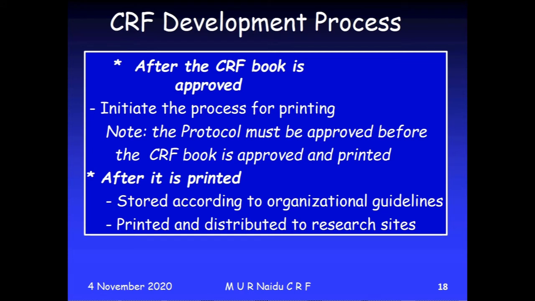After the CRF book is approved, initiate the process for printing. The protocol must be approved before the CRF book is approved and printed. After it is printed, it is stored according to organization guidelines and distributed to the research site, and one has to take acknowledgement from the site of how many case record forms have been given to the site.